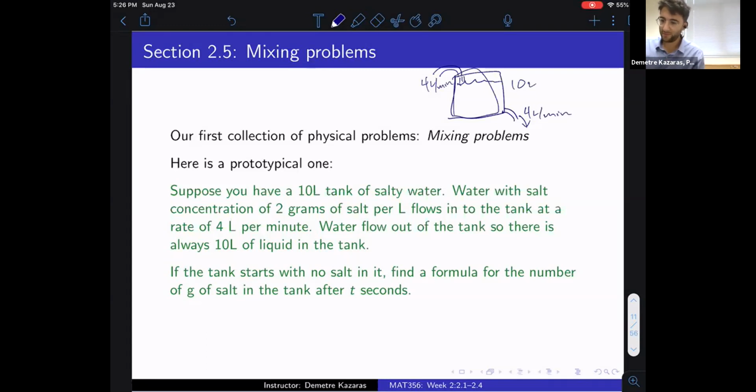So first step, we should identify the relevant quantity that we want to write an equation for. What we want to find out is the number of grams of salt at time t. So let's let x of t be the number of grams t seconds after we start.